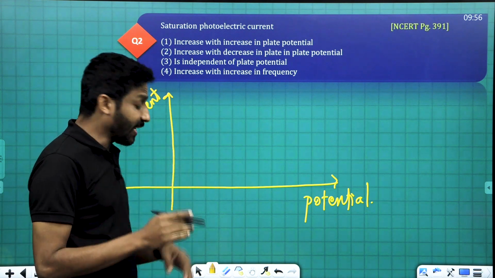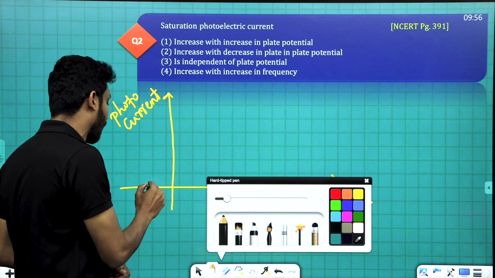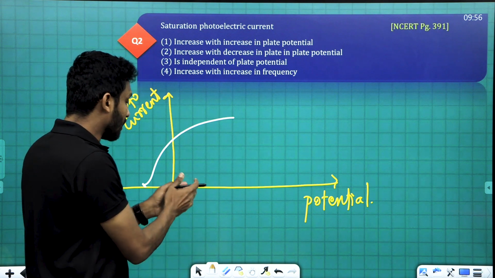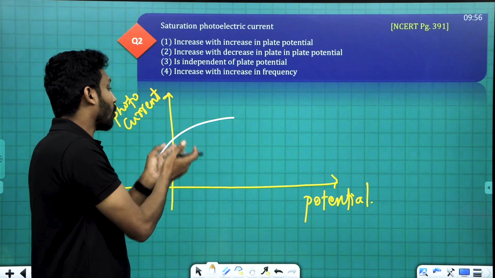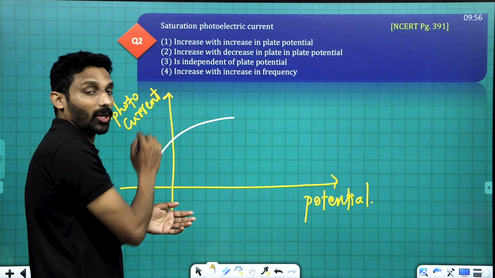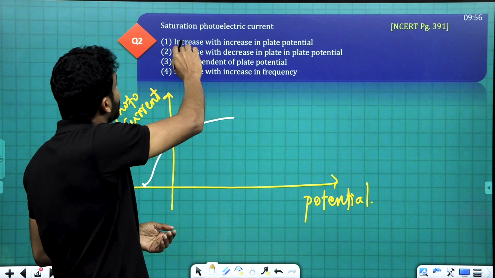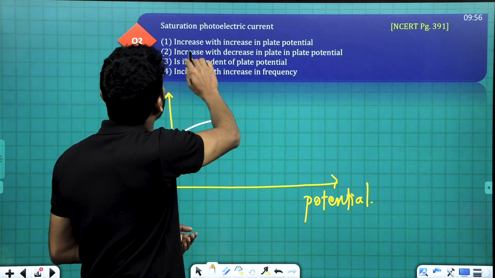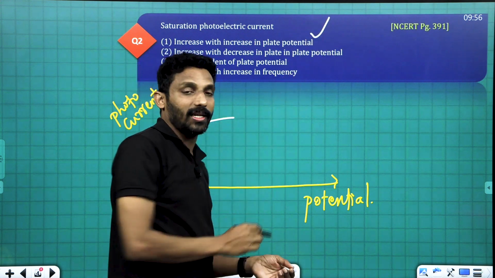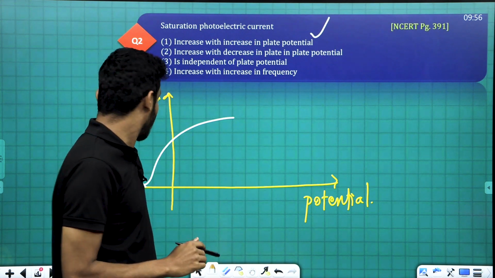At a particular intensity of the radiation, the graph has a shape like this. As potential increases, photoelectric current also increases and reaches a maximum value. This is the saturation current. So saturation photoelectric current increases with increase in plate potential. That is the first option, the answer. The next one.